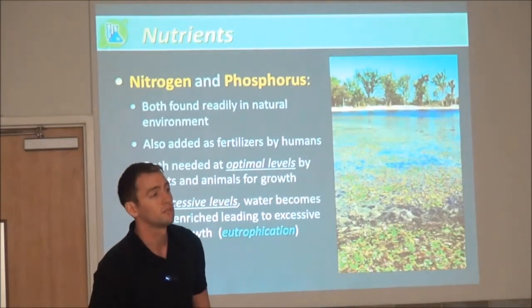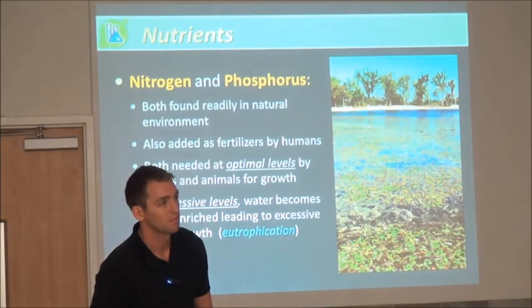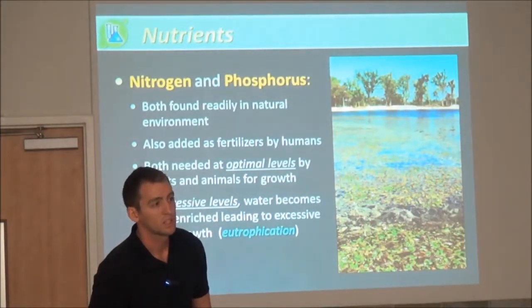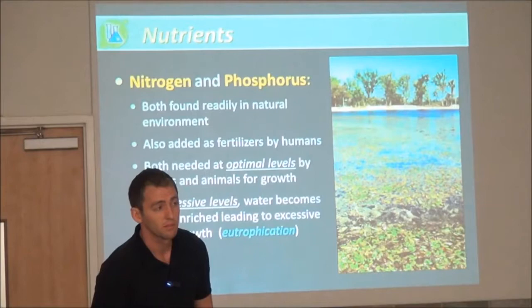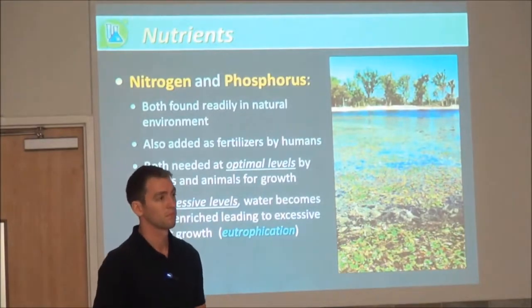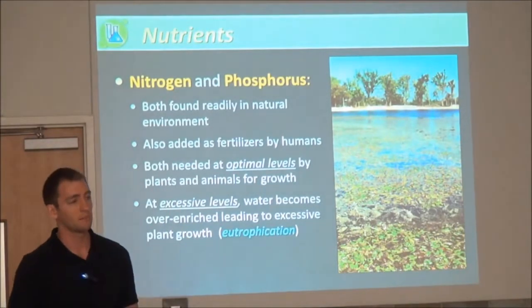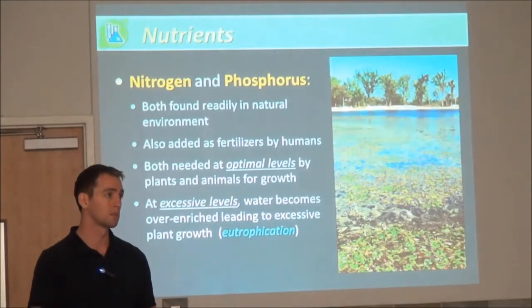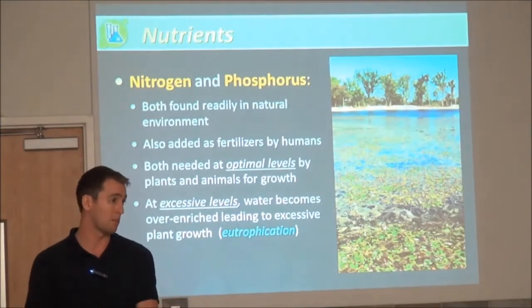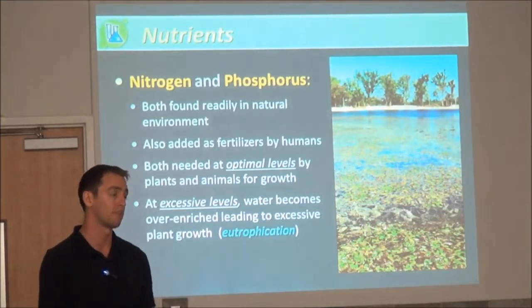Yeah, absolutely. If you manage your nutrient levels within that pond, as a result, you're going to manage the amount of plant life it can sustain. So that's a very good point.